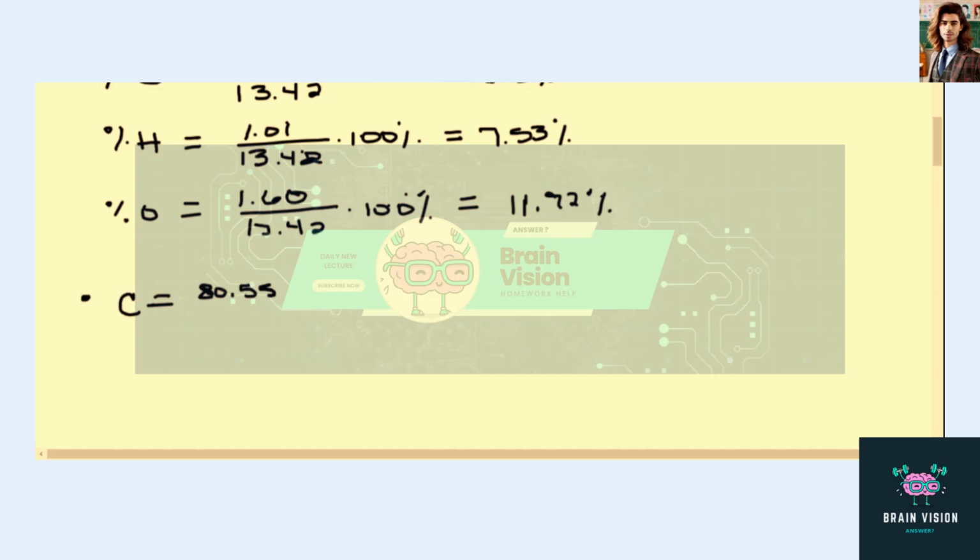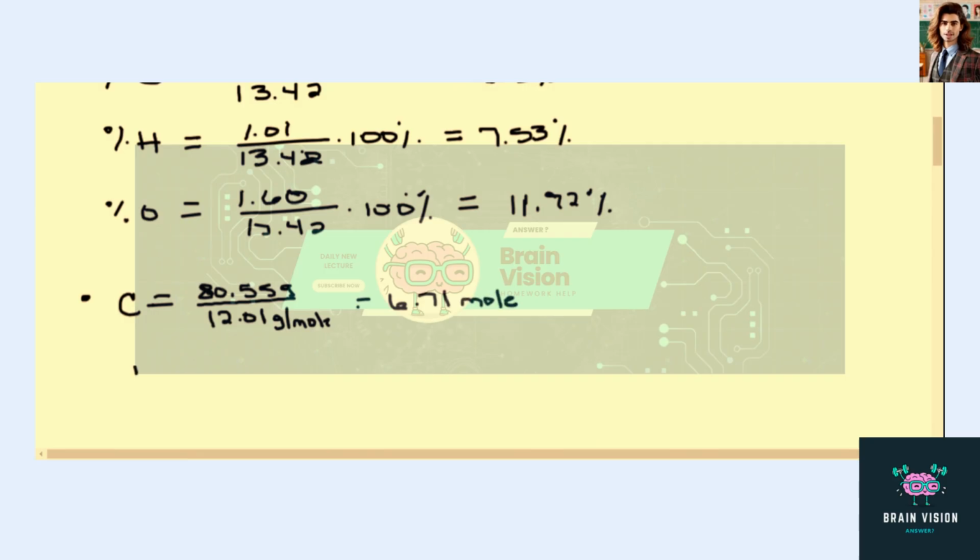The reason why we're doing it is we're going to just assume everything's out of 100 grams. So that means that percentage, 80.55%, could mean that it's 80.55 grams out of 100 grams, right? So that's kind of what we're doing. And so then we're going to divide by the 12.01 grams per mole. So this is grams per mole, which then gives us the 6.71 moles.